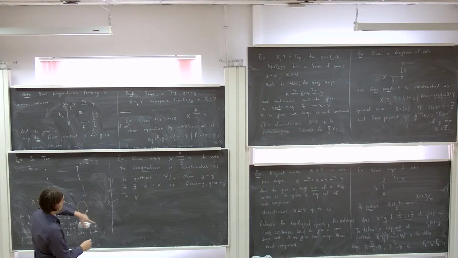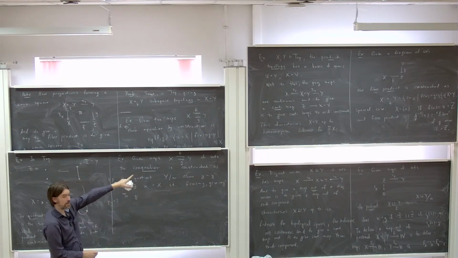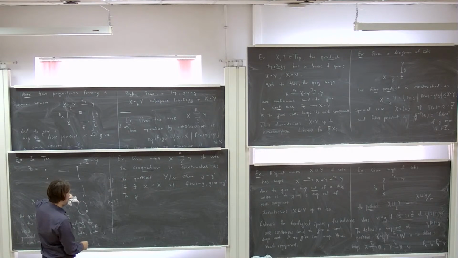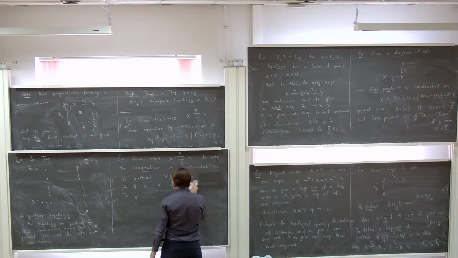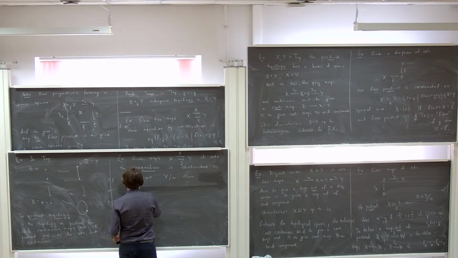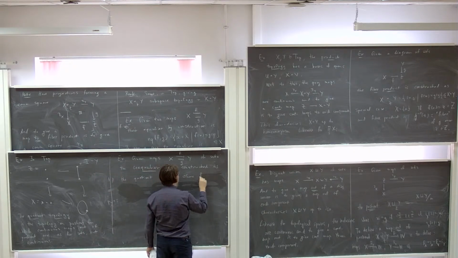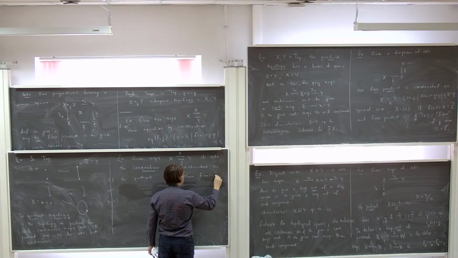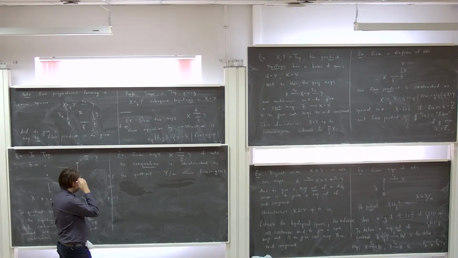So this would be the push-out where x and y are both y and z is equal to x. So what I want to say actually is, where the only things that get identified are the image, they're both the image of the same element of x.